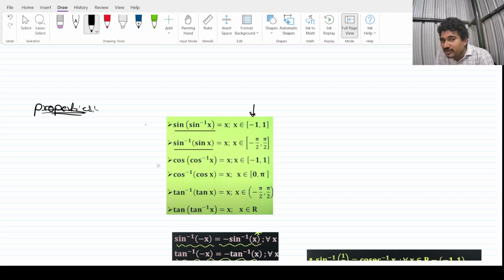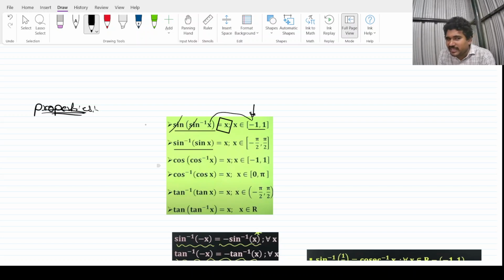Whenever you are performing sine of sine inverse x, the x value should belong to minus 1 to 1. If it is minus 1 to 1, then only you can cancel this and write it as x. Is that clear? Apart from that, anything else cannot come.